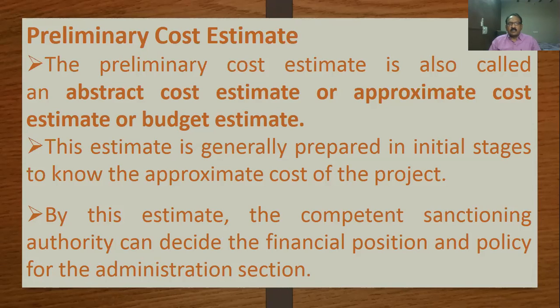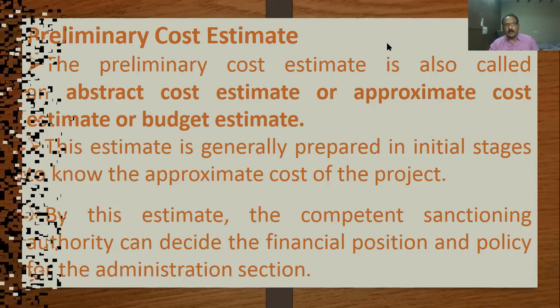With this preliminary cost estimate, the sanctioning authority will decide whether they are going to sanction the project or not, and the government will sanction according to budget, which will be compared with your preliminary cost estimation.